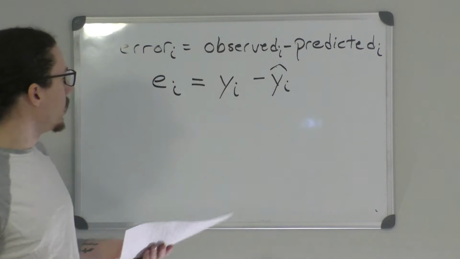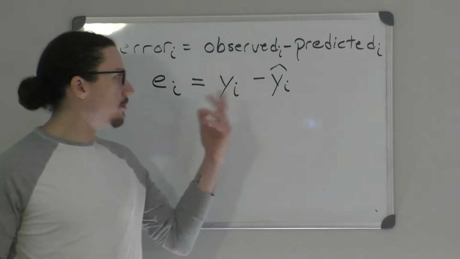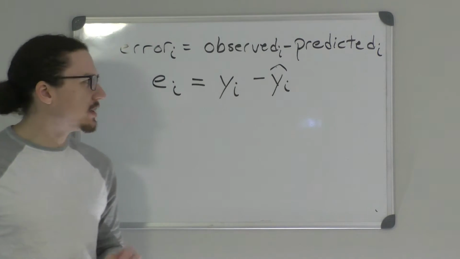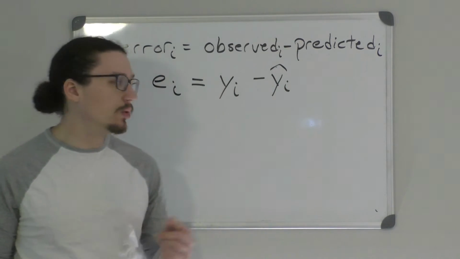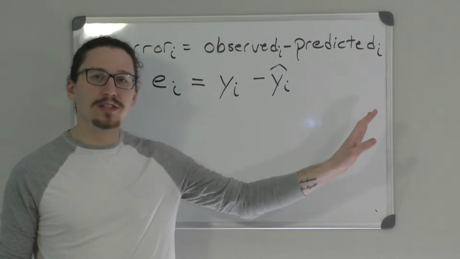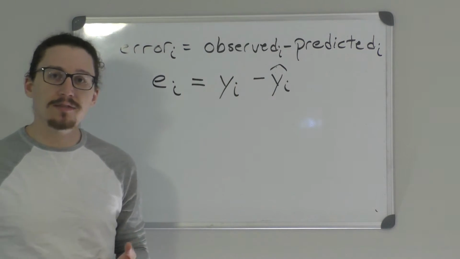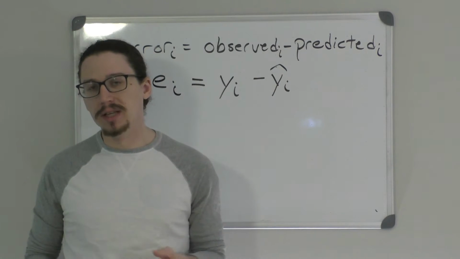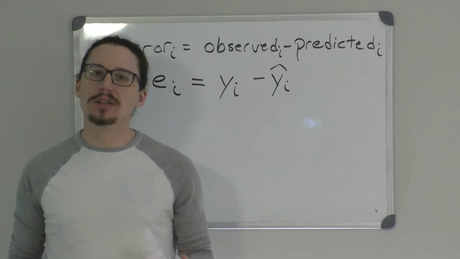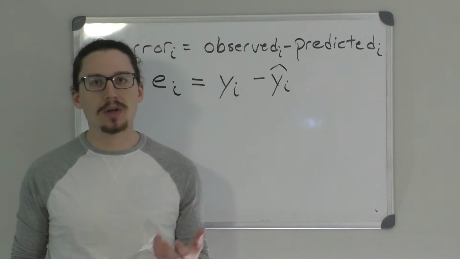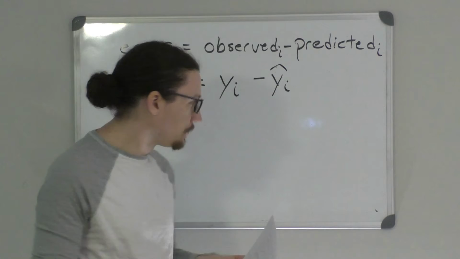We run into some similar problems that we've seen in the past in this class and also in Stats 1. If we calculate all of these errors, some of them are going to be positive, some of them are going to be negative. And if we just try to add them up and take the average, they're going to cancel each other out. So we're going to do what we often do in this situation, and we're going to square our errors.